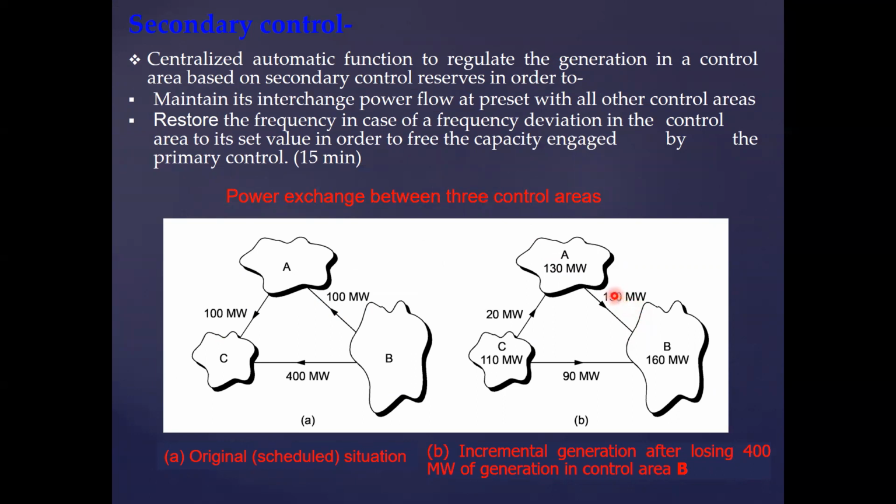How much should be the power? Because the system is interconnected, how much should be the change in the scheduled power flow from the generators in areas A and C has to be determined, and it will be based on the frequency deviation in the system. According to that, you change the scheduled output from the generator, and thereby the power flow through the line, because you have to change the turbine output power. How much change in the turbine output power you should have is important, and that is based on the frequency deviation.